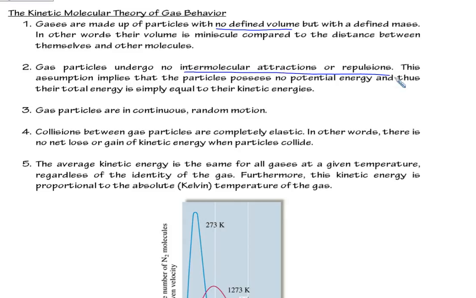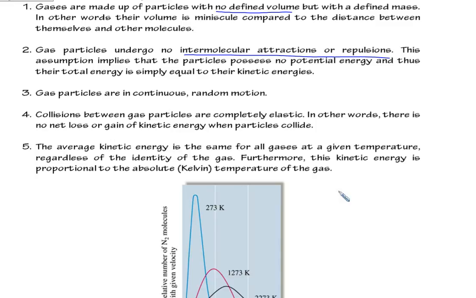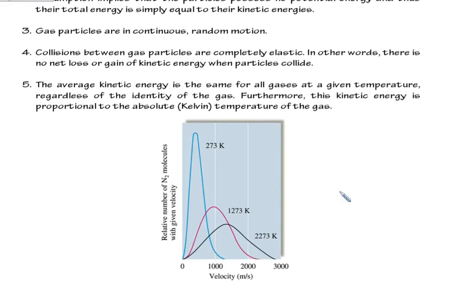And finally, this 5th statement. The average kinetic energy is the same for all gases at a given temperature, regardless of the identity of the gas. Well, it's kind of the definition of temperature. Temperature is a measure of average kinetic energy. On average, how fast are those particles moving?